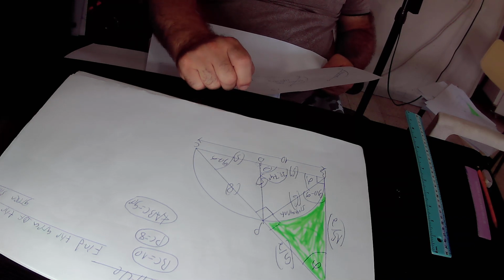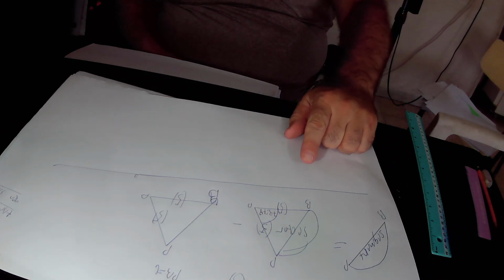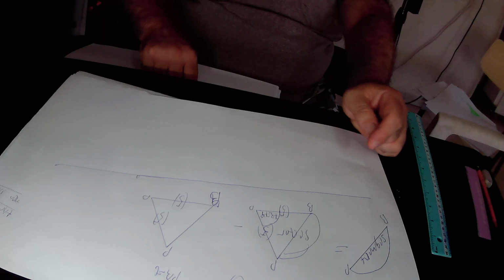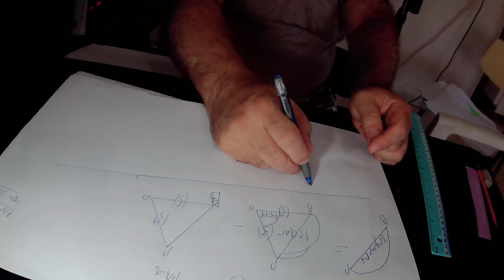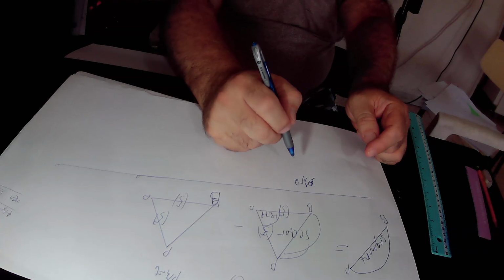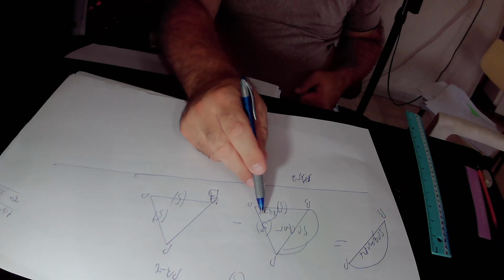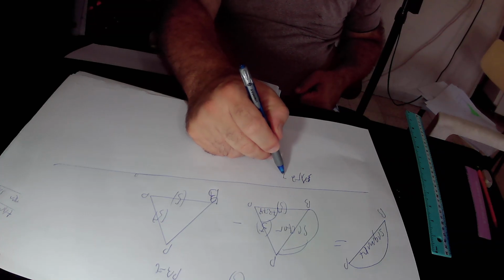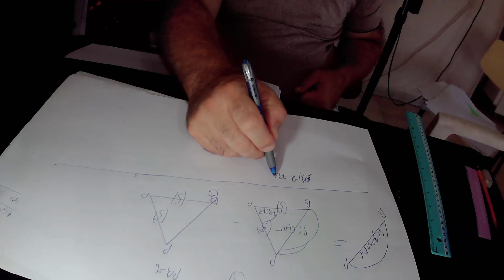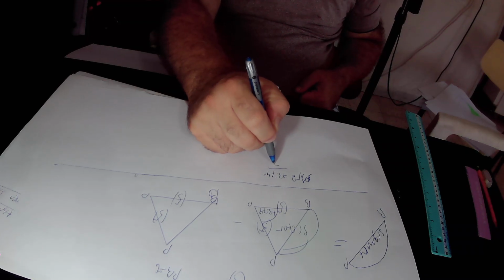So, the area of the sector BOP is equal to pi r square times the angle between the legs of the sector, that is 73.74 degrees over 360 degrees.